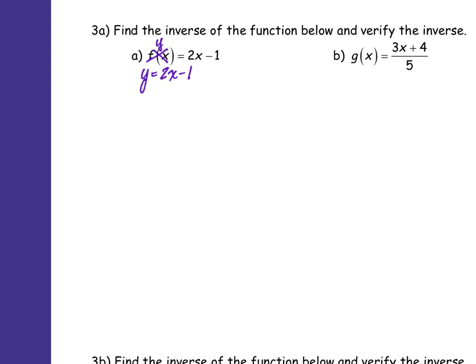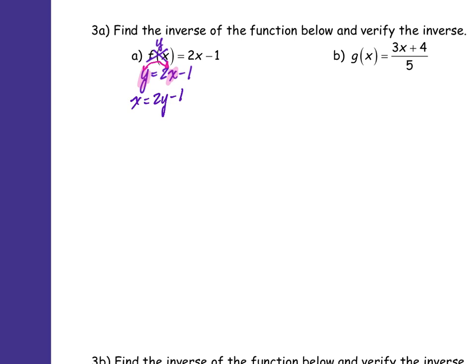Is I take my x and my y and I exchange them. So wherever there's an x, I'm going to put the y. Wherever there's a y, I'm going to put the x. So I'm just going to exchange these. I'm going to take these 2 right here, and I'm going to switch them. Okay? Everyone okay? Does that make sense? Okay. So that means I get x equals 2y minus 1.